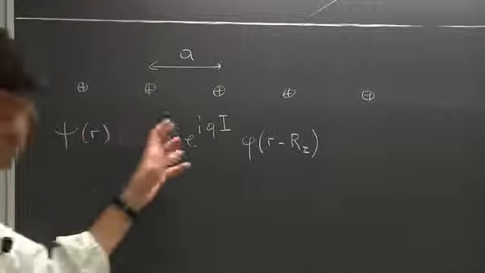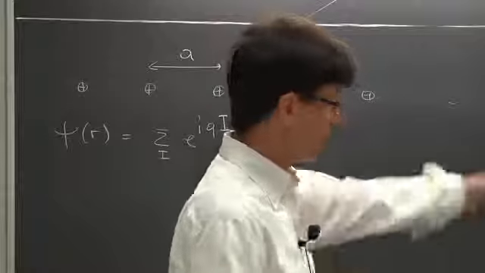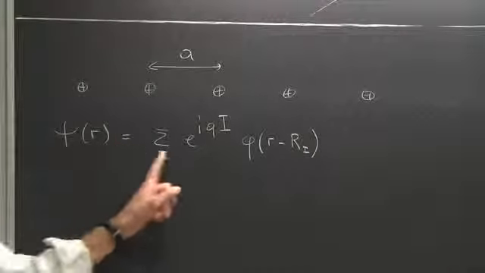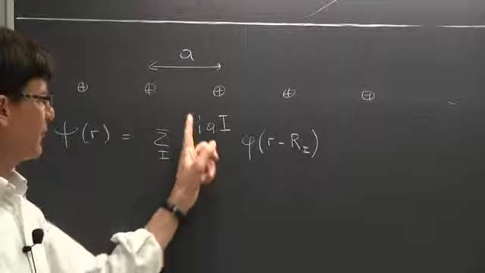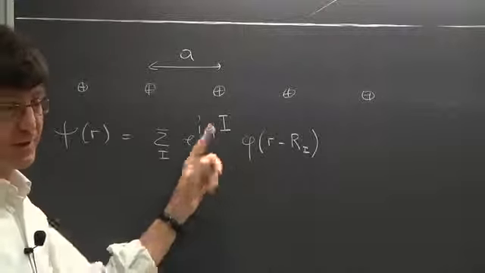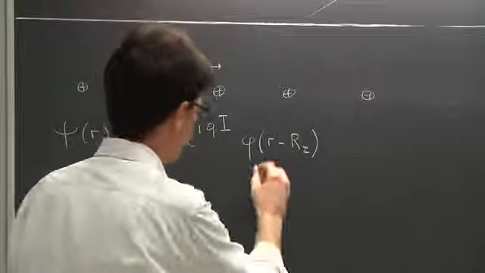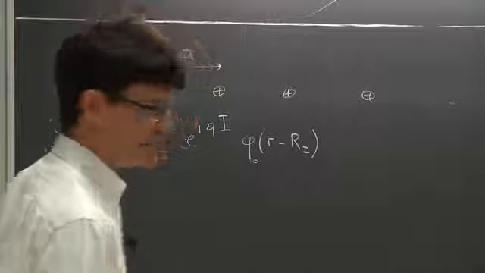I'm just writing explicitly what we wrote at the blackboard last time. That is, the wave function is the sum over some coefficients which we determined to be e to the i q R_i times the atomic wave function. I think we called it phi zero.